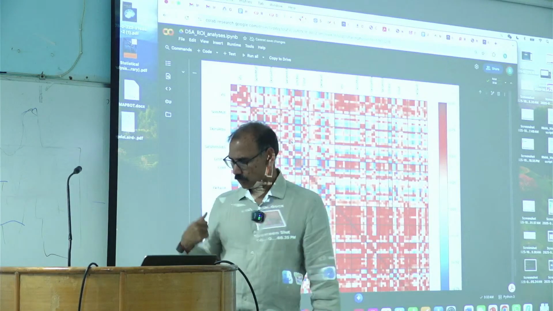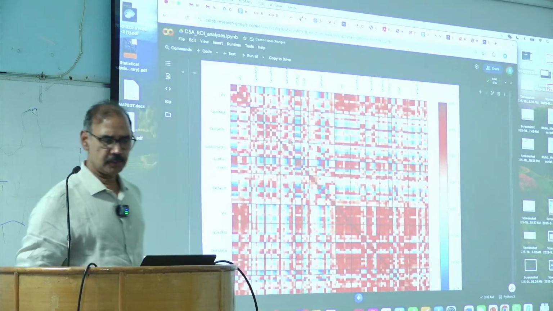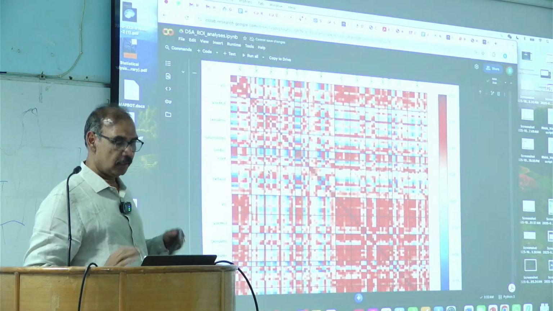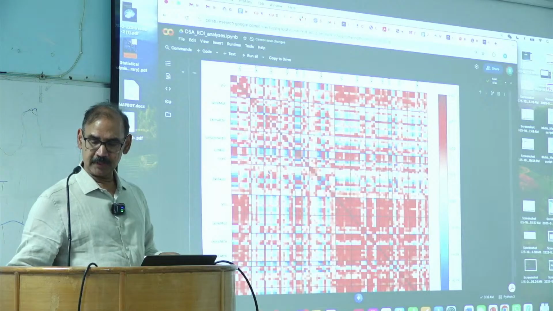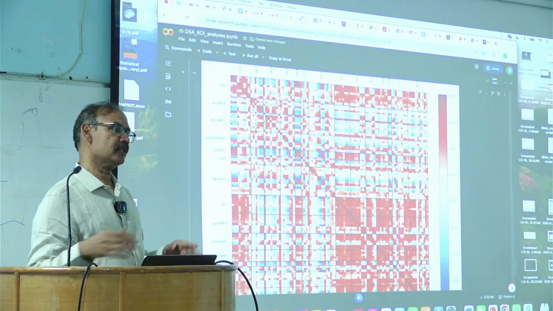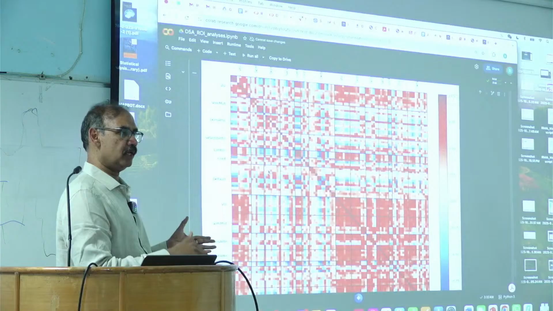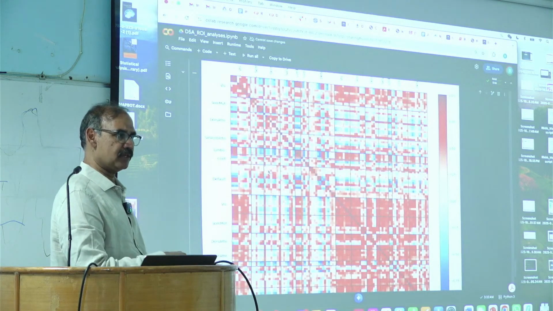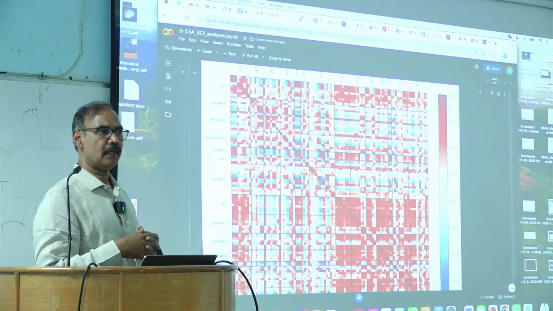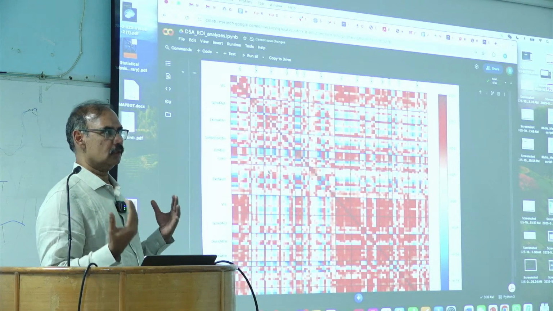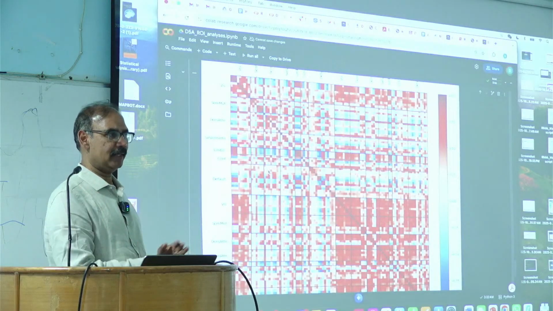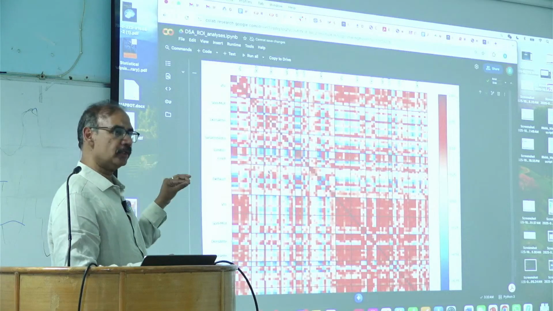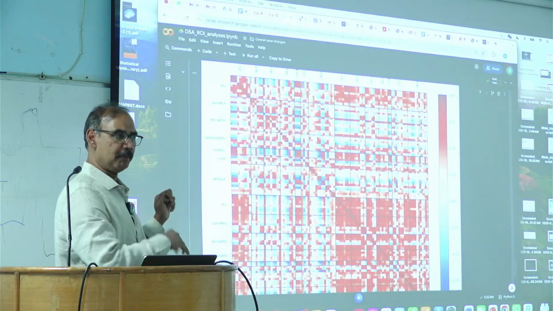You can think of this in a different way. This gives you more information about every region with every other region. So it tells you a global connectivity pattern, if you will. Here it's not hypothesis driven.